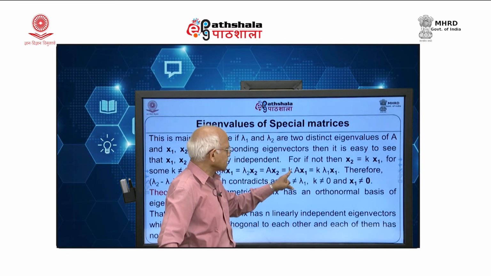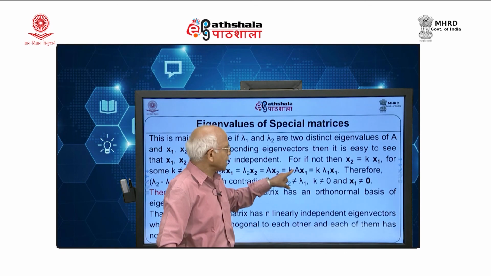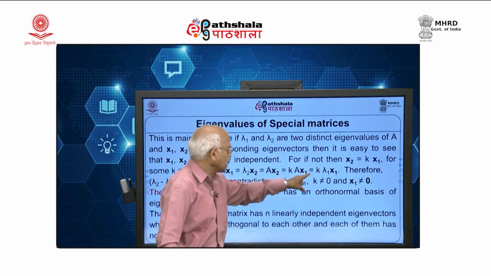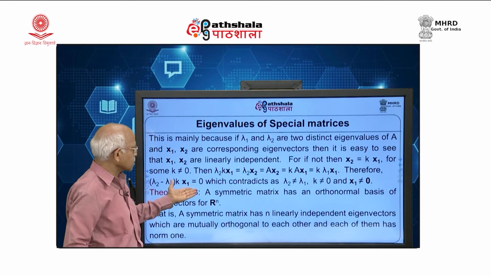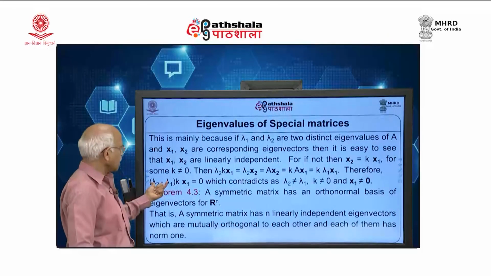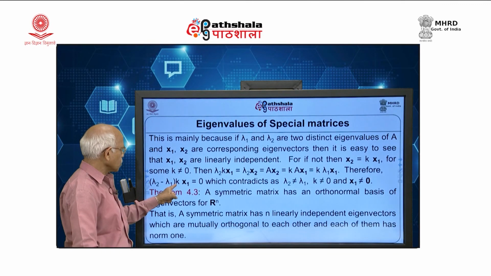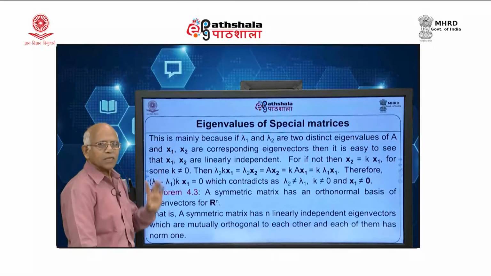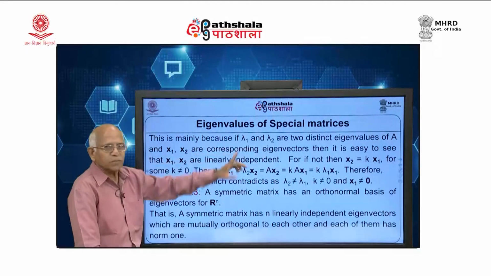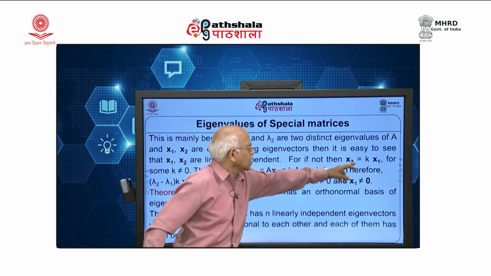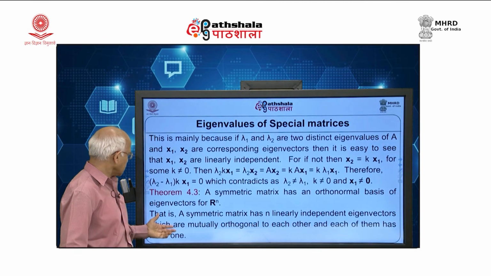So, I can write it as k into A x1 bar, and A x1 bar is lambda1 x1 bar. So, I get this, from that I will get this equal to 0, but which contradicts. Why? Because neither lambda2 and lambda1 are equal, nor k equal to 0, nor x1 equal to 0, and therefore, this is not possible, and therefore, they must be linearly independent.